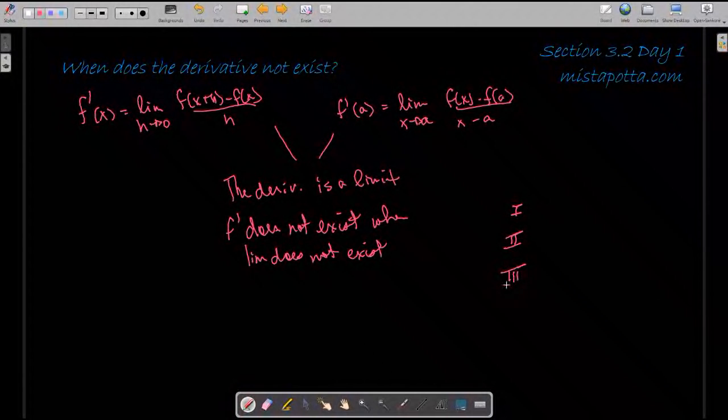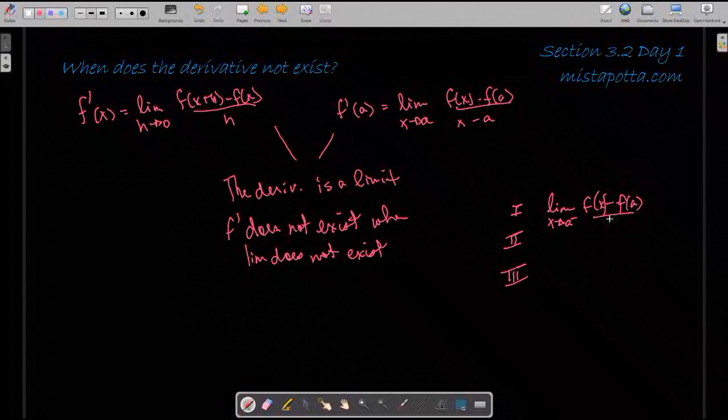Remember, the first step is that the limit as x approaches a from the left of f of x minus f of a over x minus a has to exist.